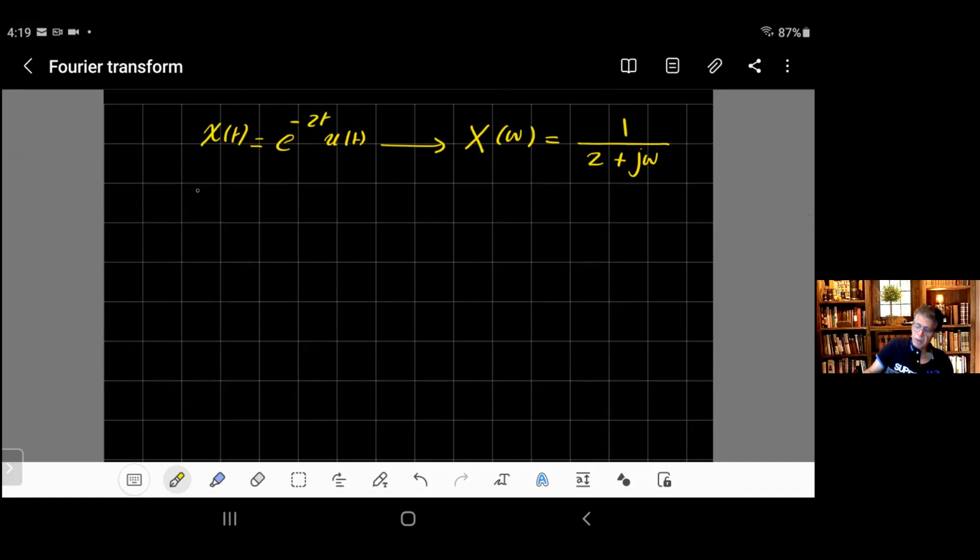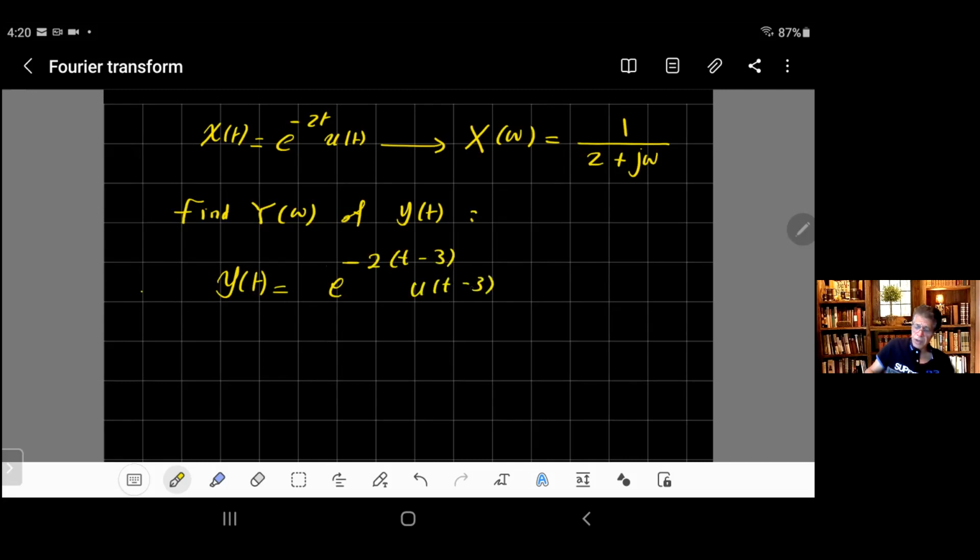Now say, find Y of omega, which means find the Fourier transform of another signal y of t, when let's say y of t was given as e to the power of minus 2 times (t minus 3) u of t minus 3.